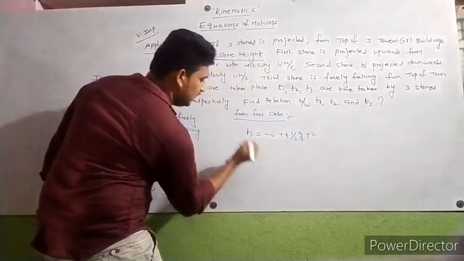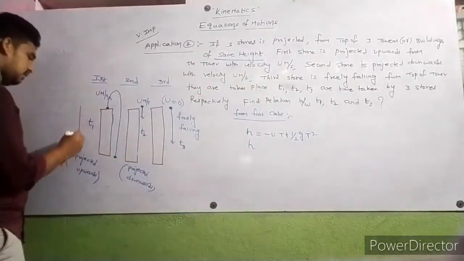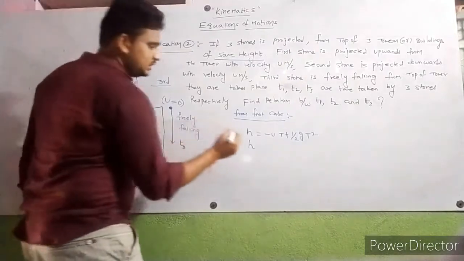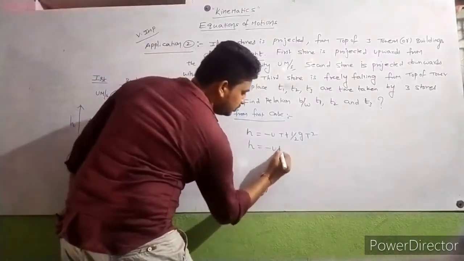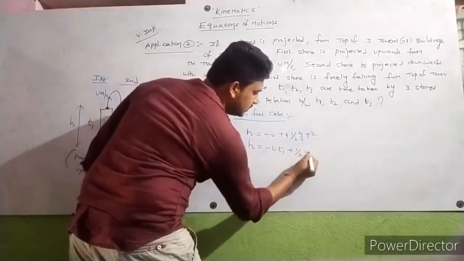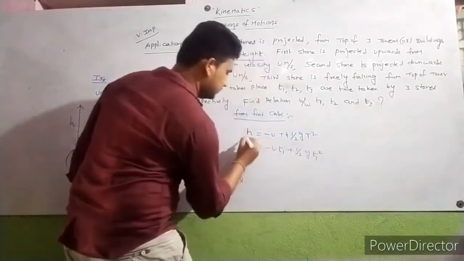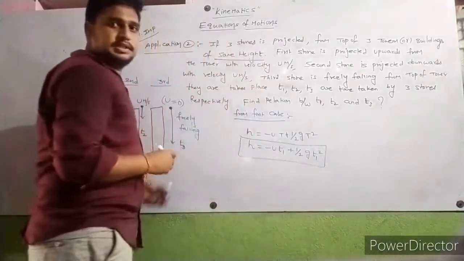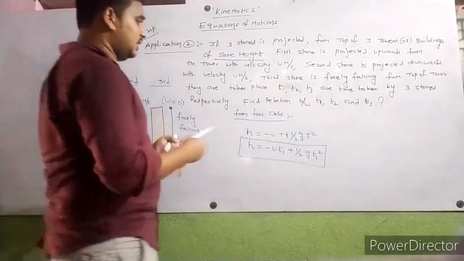Here S means the height of the tower, h. All towers have height h only. So h = -u t1 + half g t1 square. This is equation 1.